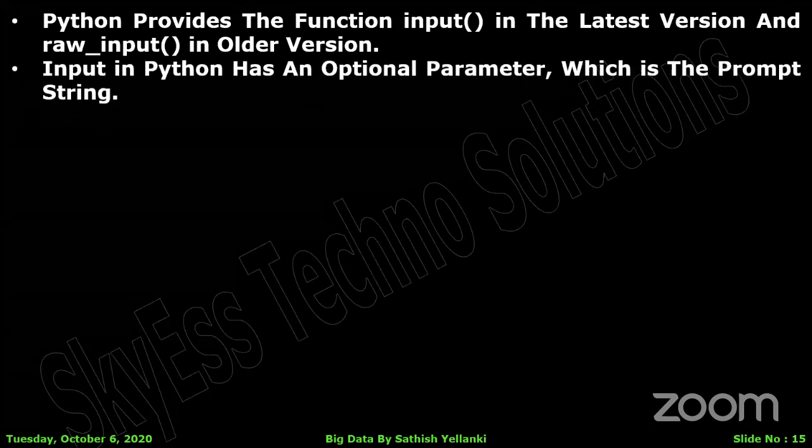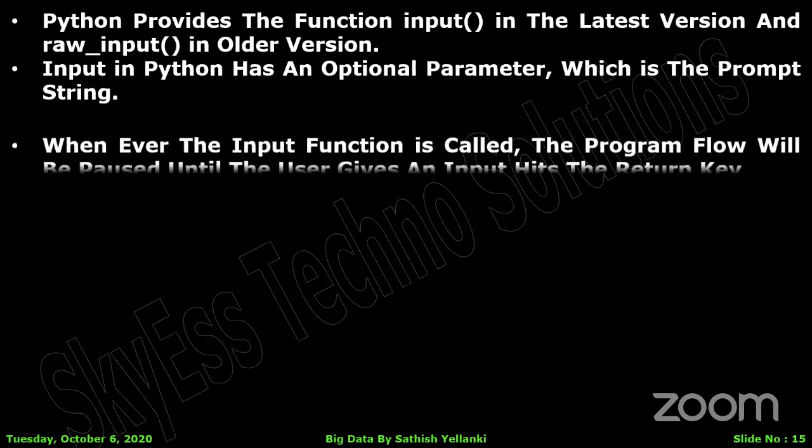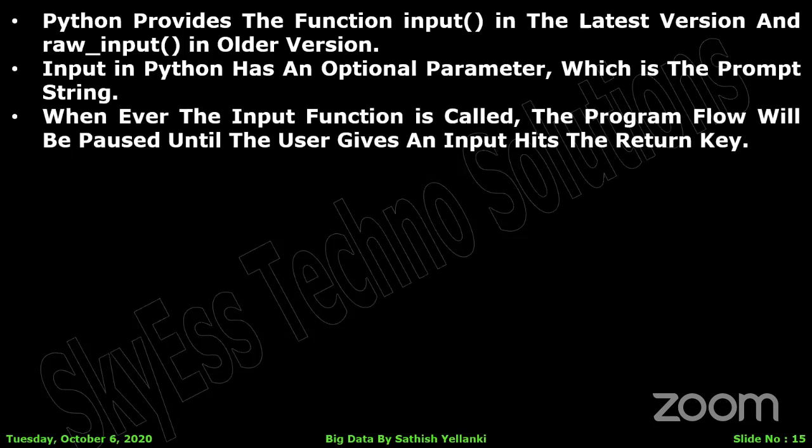Input in Python has an optional parameter, which is the prompt, defined through a string, and the default data type for any input you give is a string only. Whenever the input function is called, your program flow will automatically pause until the user gives the input and presses the enter key.